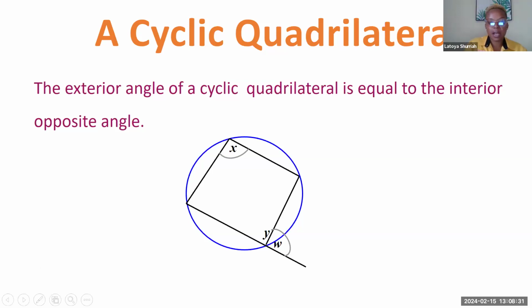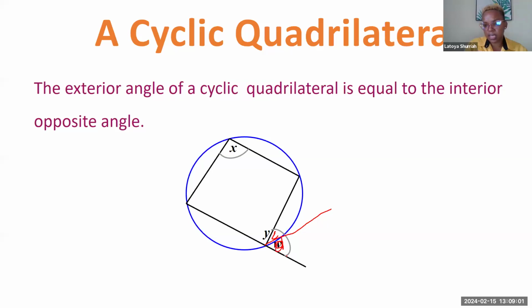Say for example, let me just drop this in. Say we had another angle here, and say this angle was angle C, and this was angle D. C and D together would be the same as X. It has to be all of the exterior angles.